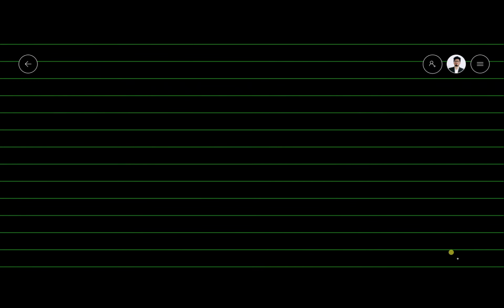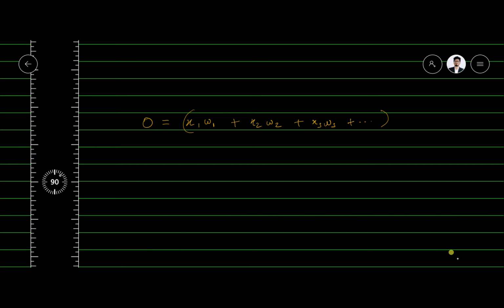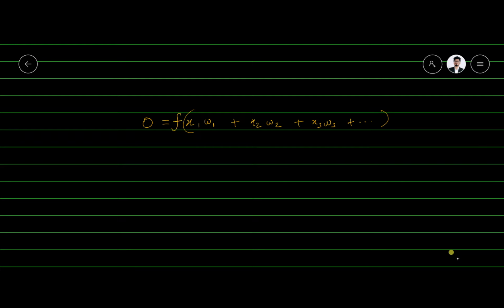The output O is calculated as input 1 times the weight associated with it, plus input 2 times its weight, plus input 3 times its weight, and so on. And then an activation function is applied on top of all of it. So we have f of the summation of wi xi, where i goes from 1 to n.